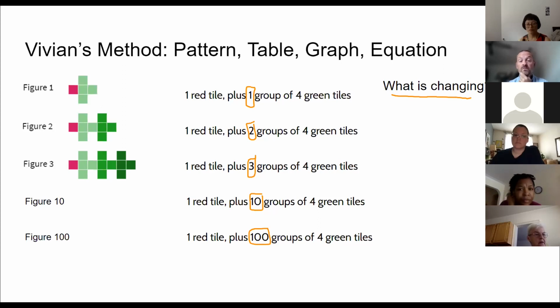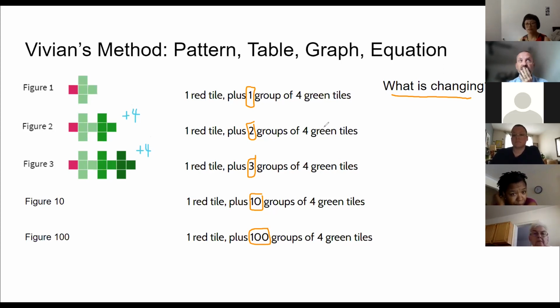You know, the first one was one red tile and 1 group of 4. The second one was one red tile and 2 groups of 4. So each group has increased by 4. Yeah, so as you go up by 1 figure number, you get an extra 4 tiles. Yes. Yeah, for sure.